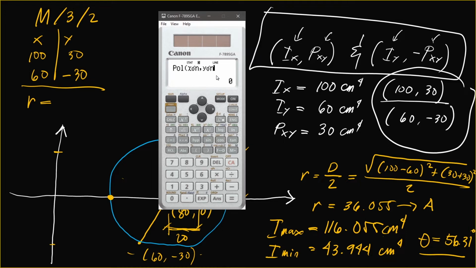Okay? Then close parenthesis. Then when you press equal, the result is 36.0555, that's the radius, di ba? Automatic ito niya, pag press with equal, automatic an r must store nga duha x, and theta must store nga duha y. Di ba? The theta is also 56.31.